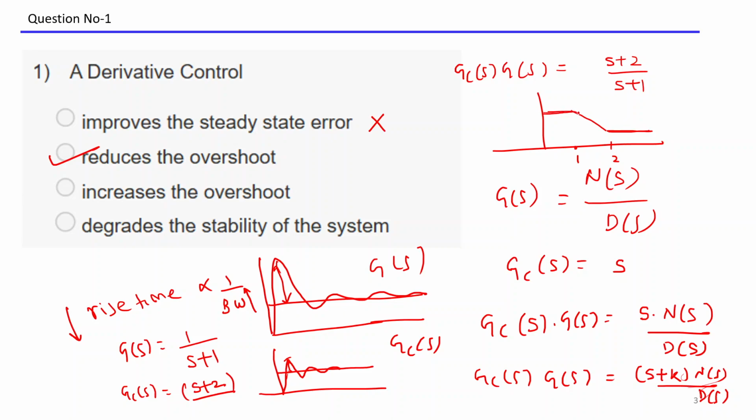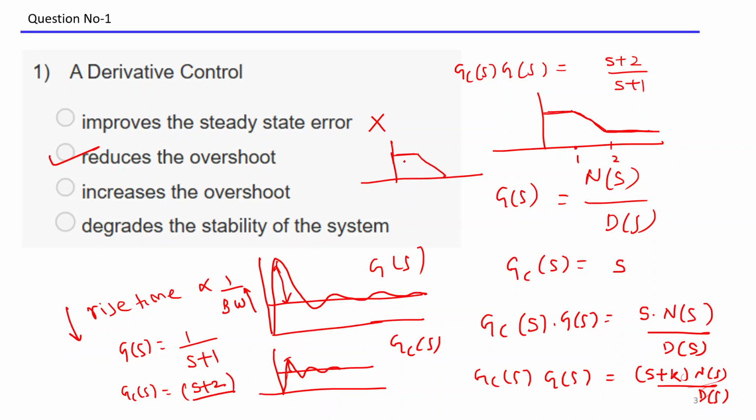So you can clearly see how this transfer function behaves. If you draw 1 by s plus 1, suppose my initial slope is 0, then when you add a pole, the Bode plot is something like that.